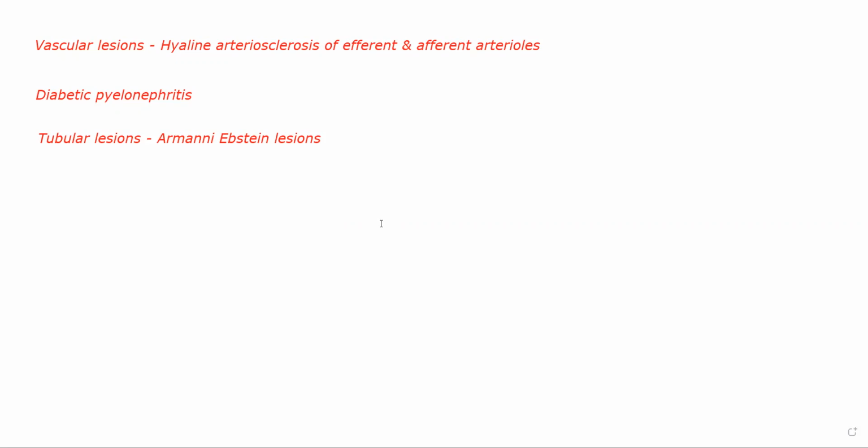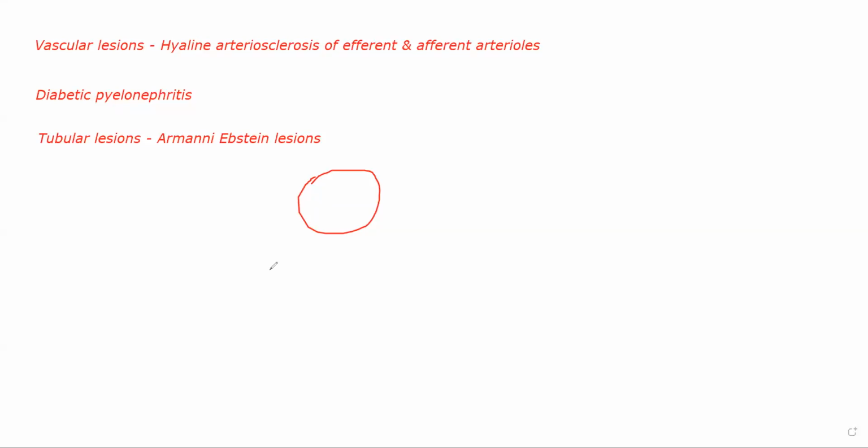Okay, and these glycogen deposits will occur as vacuoles. There will be small vacuoles like this, and these vacuoles will be filled up with those glycogen molecules. Okay, these lesions that occur in the PCT are called Armanni-Ebstein lesions. Okay, those were the three other types of lesions, and with that we have completed glomerulonephritis.